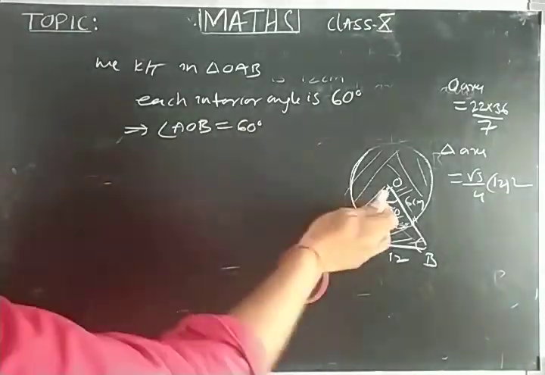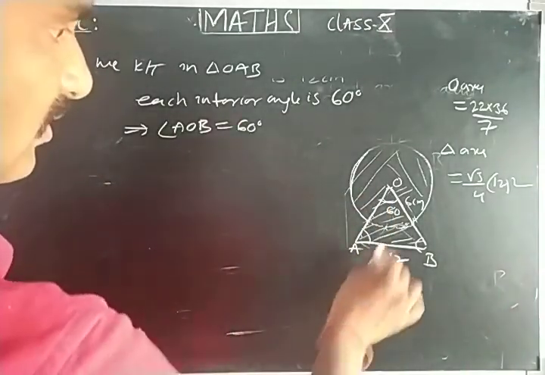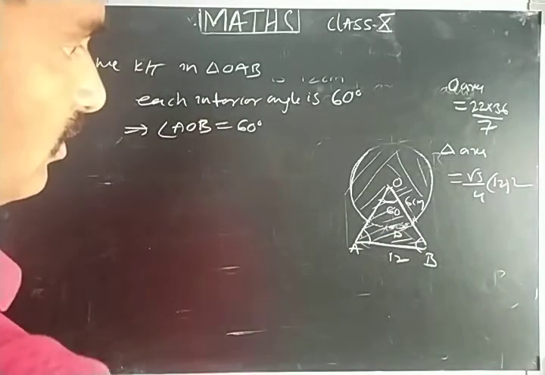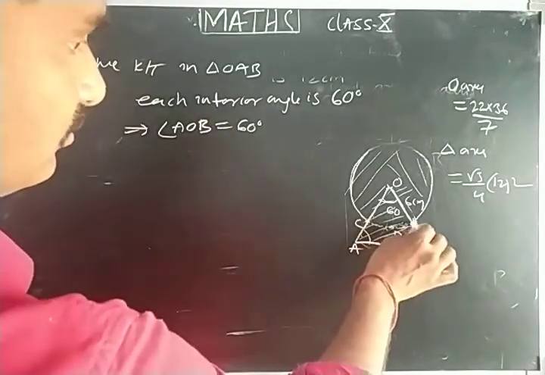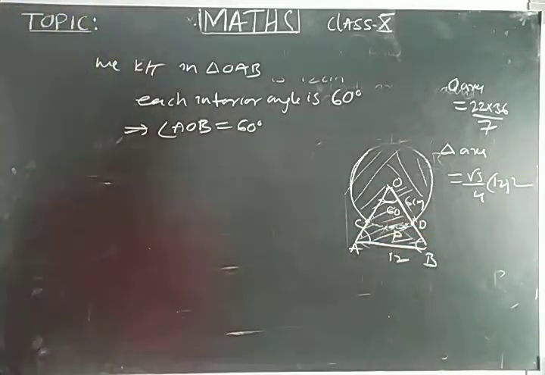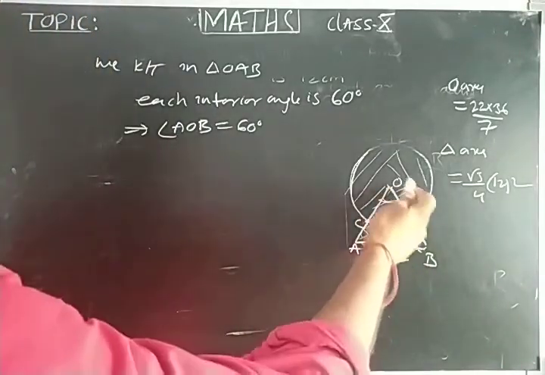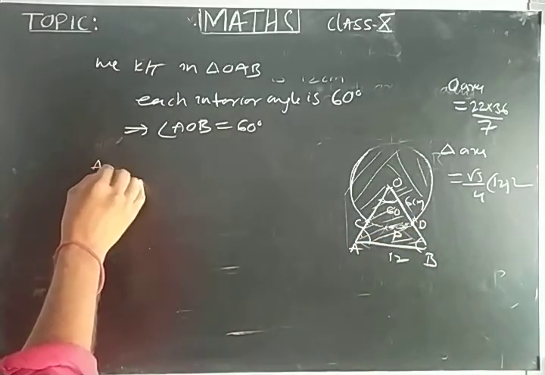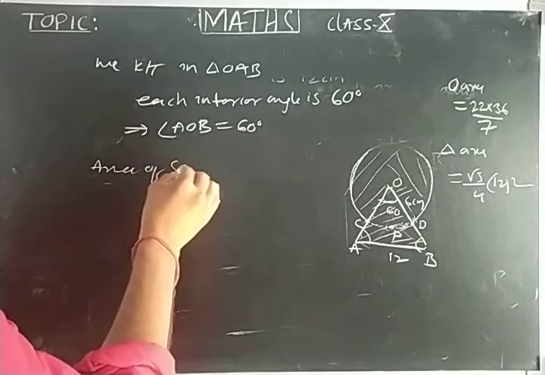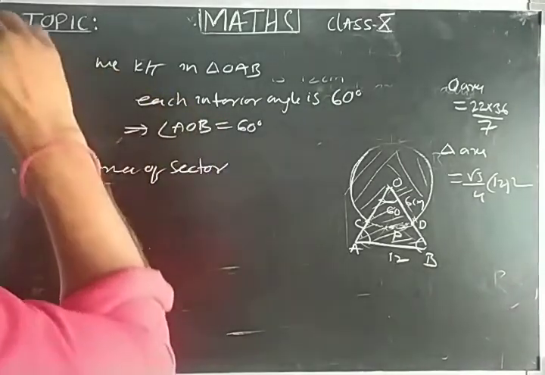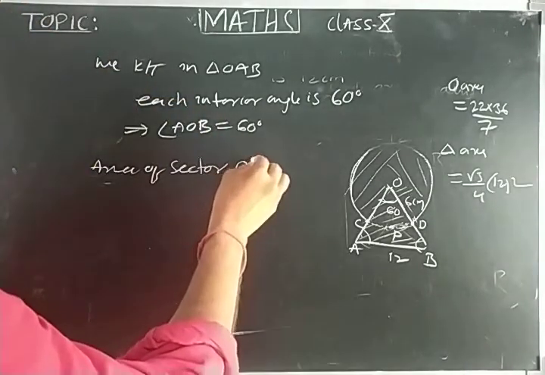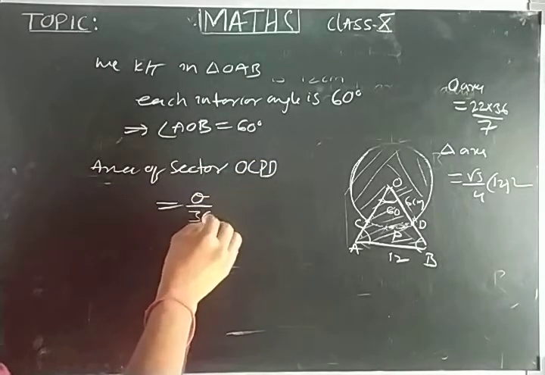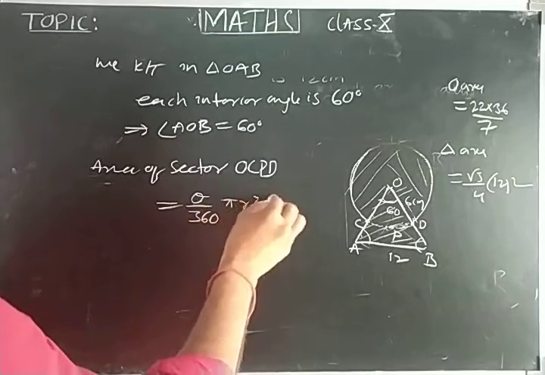Now I am going to find sector area. Let me take point P here, and here C and D. I am taking this to represent the sector, with points C, D, P. Now area of sector OCPD is equal to theta by 360 into pi r square.